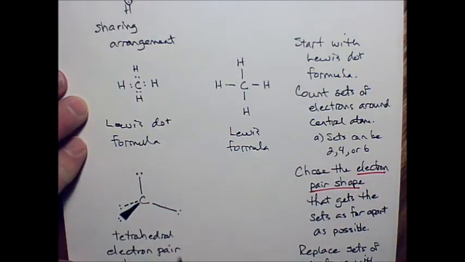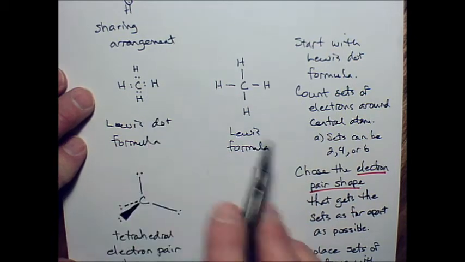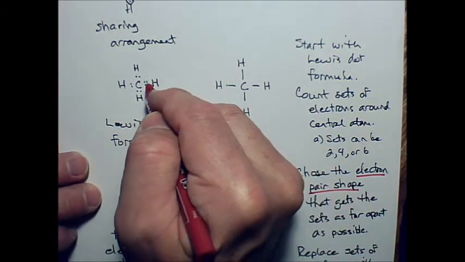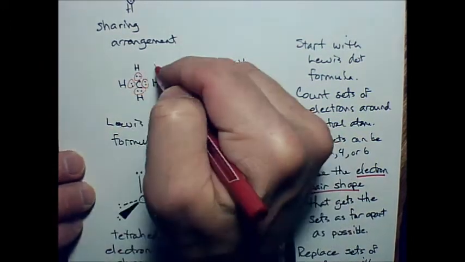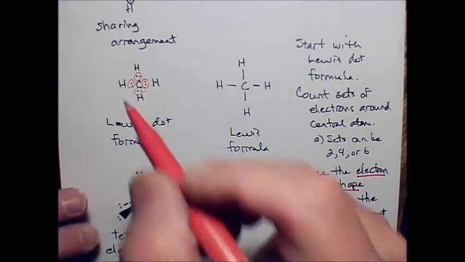All right, so let's go back up here. We have all four of the sets of electrons. This is a set right here. Now you don't have to circle the set, I'm just circling it to show it to you. 4 sets. And all 4 sets in this drawing are shared.